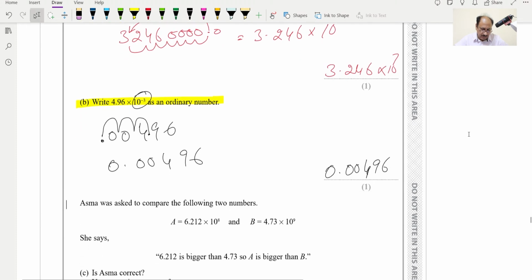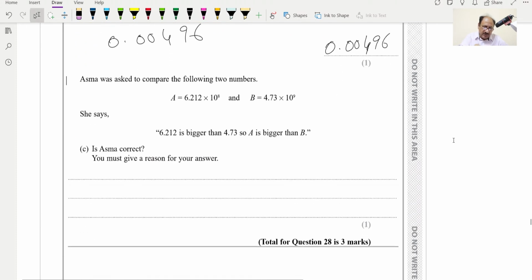Hopefully you understood this. Now next part, Asma was asked to compare the following two numbers. A is this one, B is this one. She says A is bigger than B. So is Asma correct? You must give a reason for your answer, and our answer will be no. Why no?